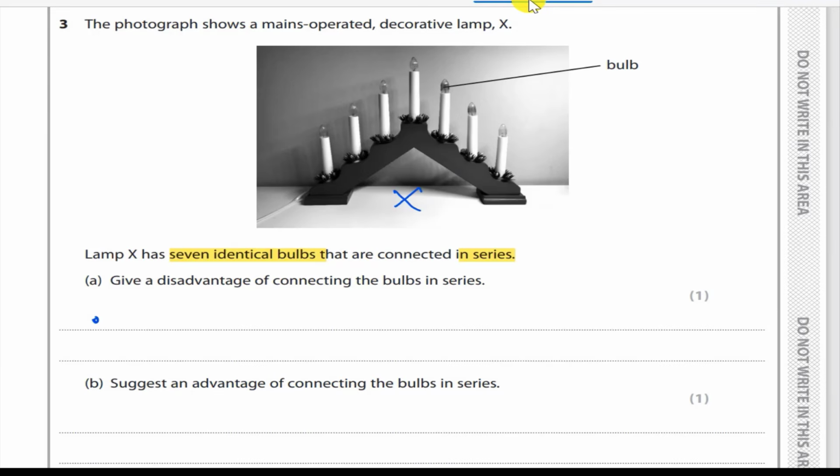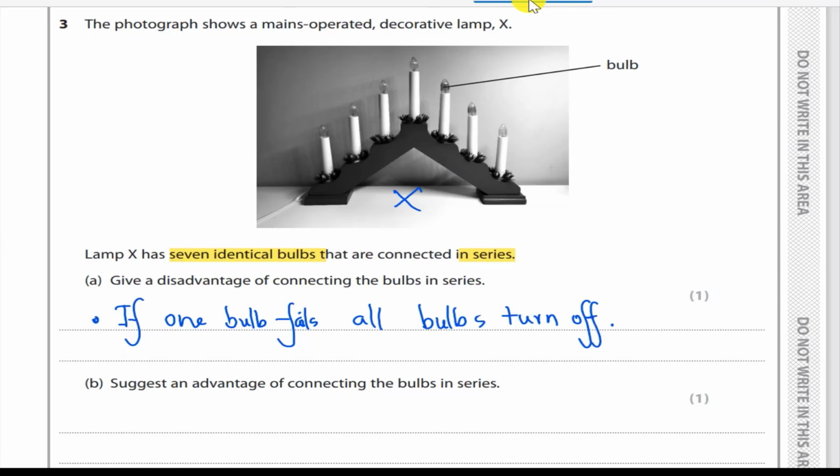Main disadvantage of connecting the bulb in series is if one bulb fails, all bulbs turn off. If one bulb fails, all bulbs turn off.